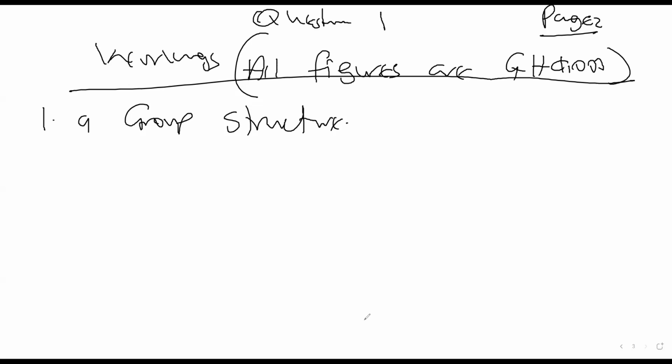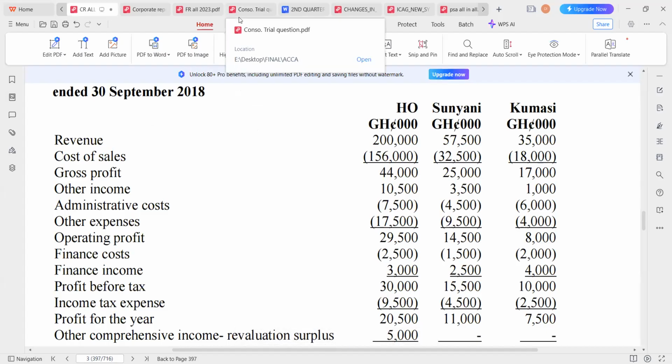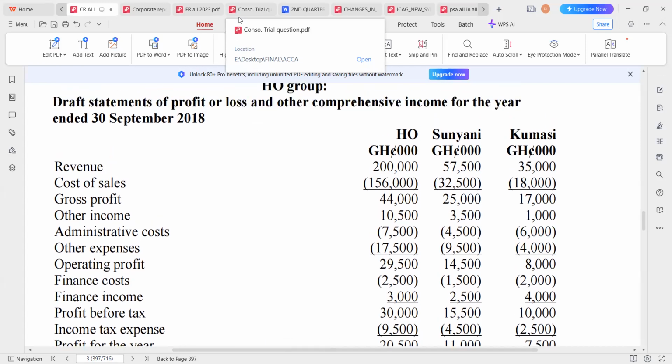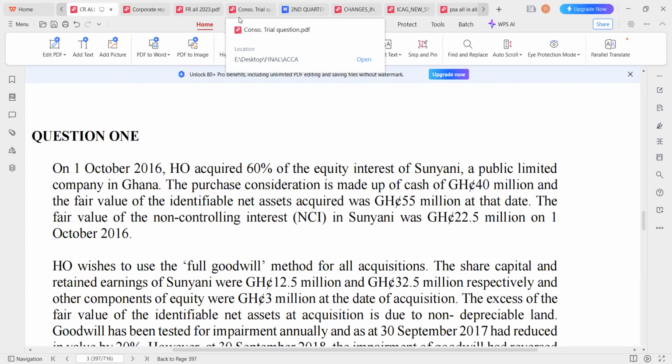Any other information, don't bother yourself to read it for now. If care is not taken, you won't be able to finish your corporate reporting exams. So in that case, you need to be a bit fast. Usually, check the top. If it's not there, check the bottom. So the information is here.